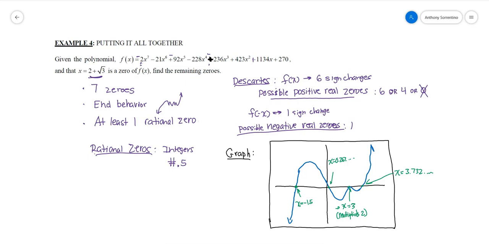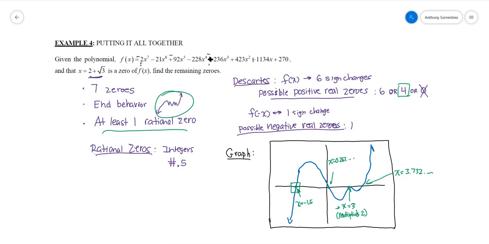So on the right hand side, my positive real zeros, I have 1, 2, 3, 4, which is definitely a possibility here. And as far as possible negative real zeros, well, this one is my negative real zero. I know I had at least one rational zero possible, but I have 2 here, so I did meet that category. I know this is a complete enough graph because it's obeying this.